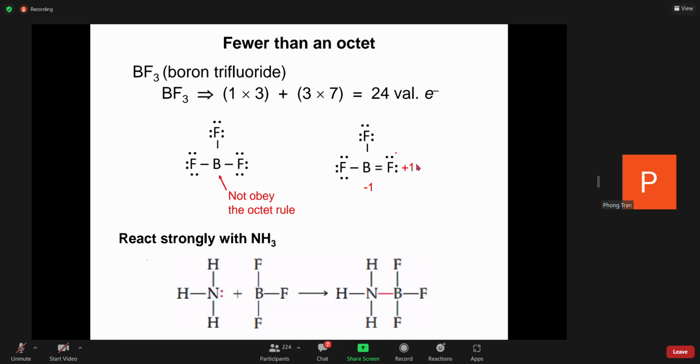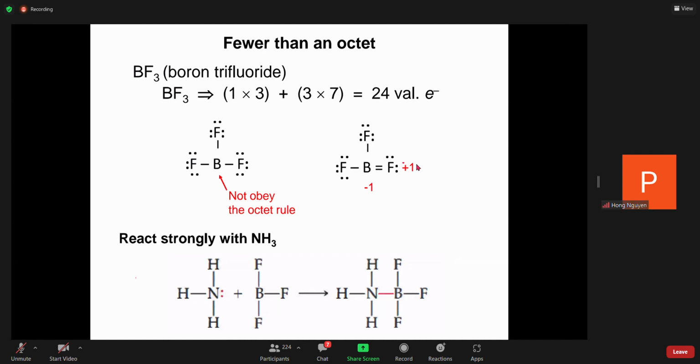But because of that, BF3 can receive electrons, so it acts as a Lewis acid. That's why BF3 will react with a Lewis base like NH3 violently. It's an acid-base reaction to make this compound.